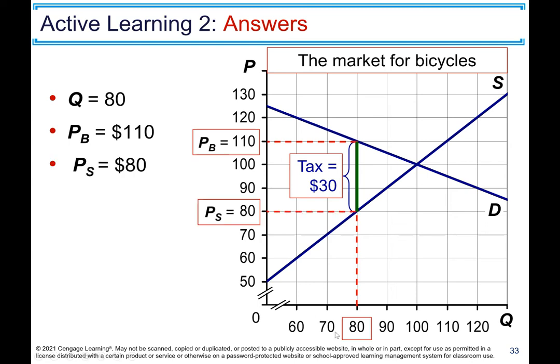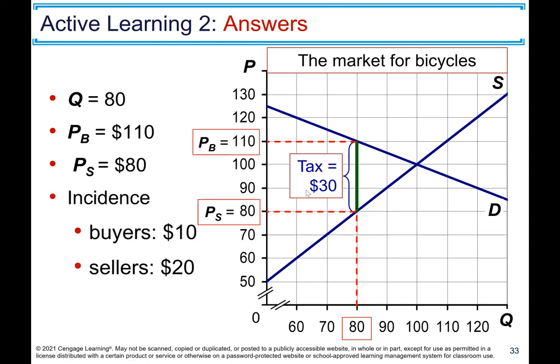The price sellers receive is 80. PS is 80. PB is 110. The incidence, which is who really pays the tax, is that the buyer contributes 10 and the seller contributes 20.